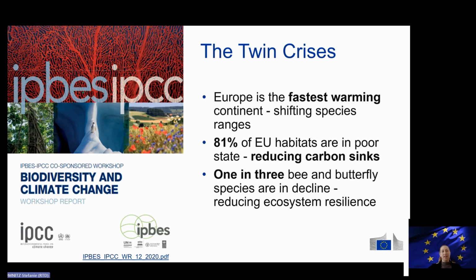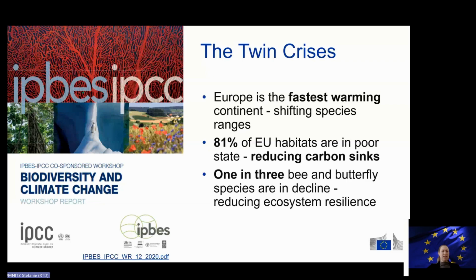For Europe, we know that we are one of the fastest warming continents. At the same time, biodiversity decline is weakening our ecosystems. It's reducing resilience and undermining the natural systems on which societies and economies depend.